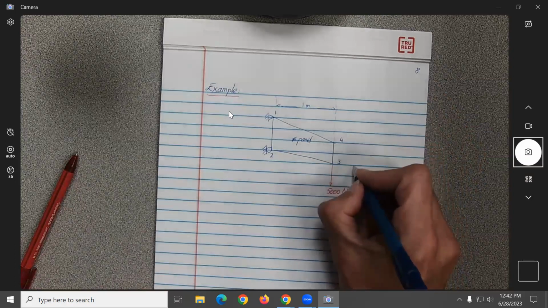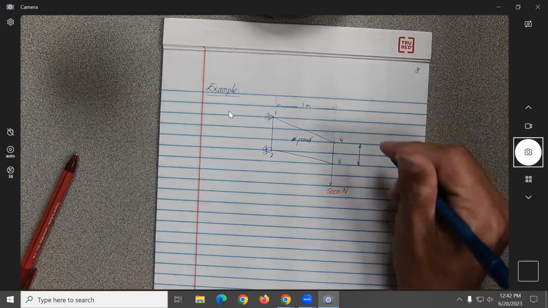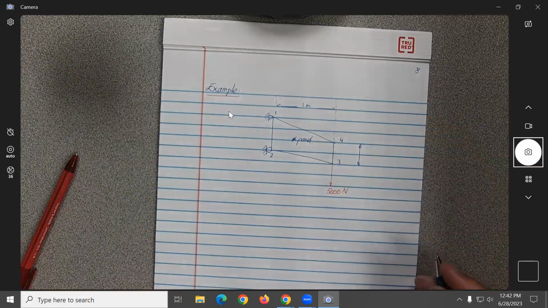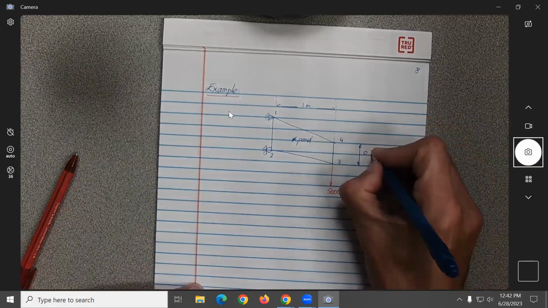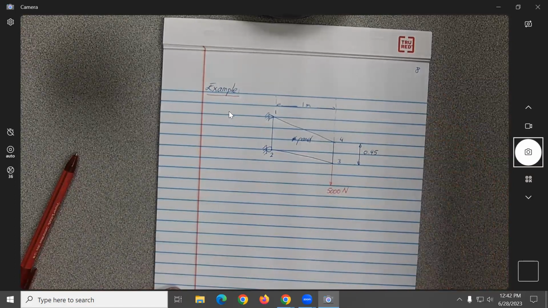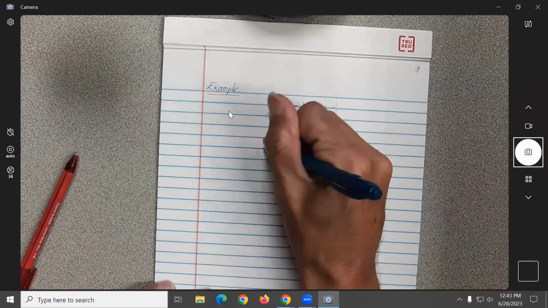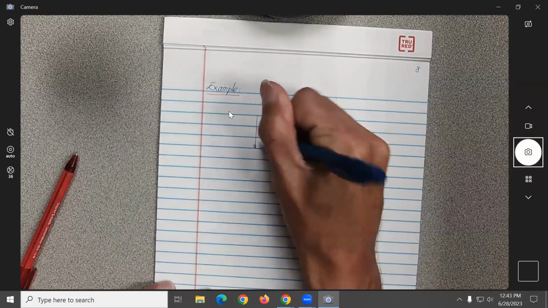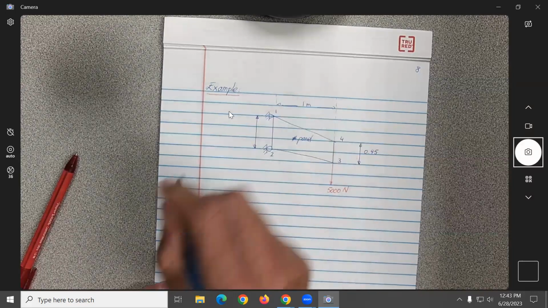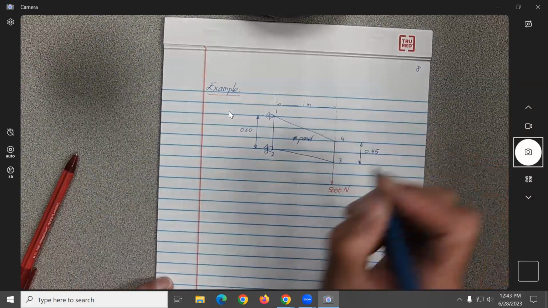The height of the short panel is 0.45, and the one over here is 0.60, okay?